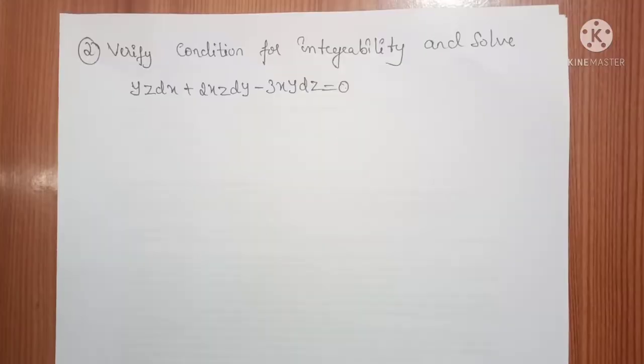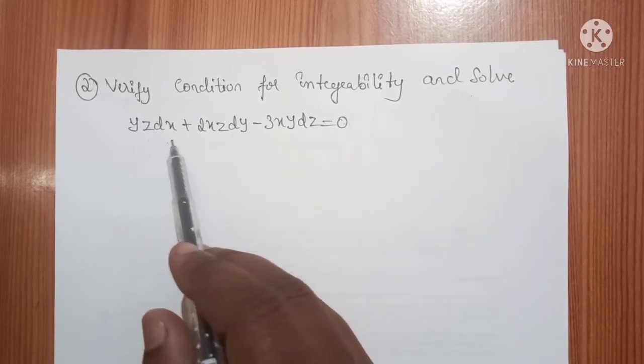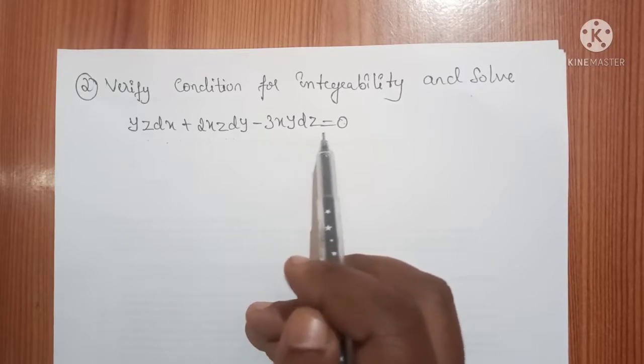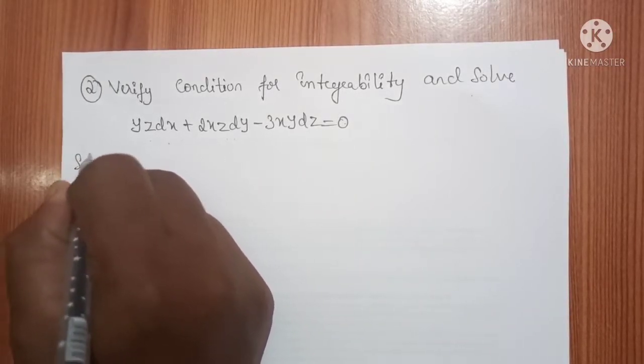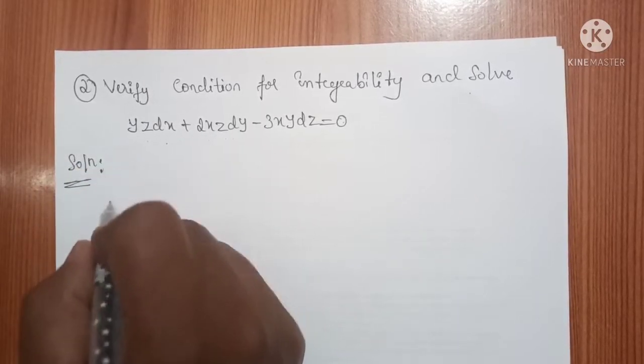Okay. Next problem, verify the condition for integrability and solve yz dx plus 2xz dy minus 3xy dz equals to 0. First we shall verify the condition for integrability.